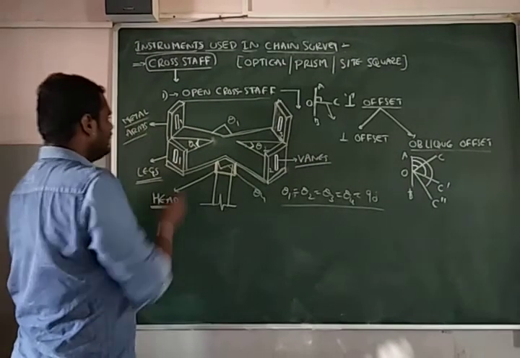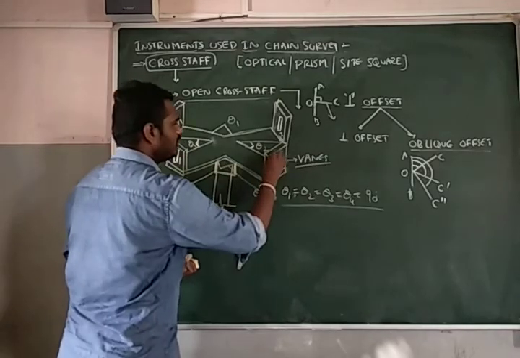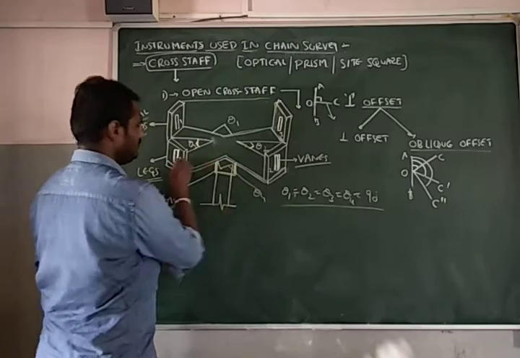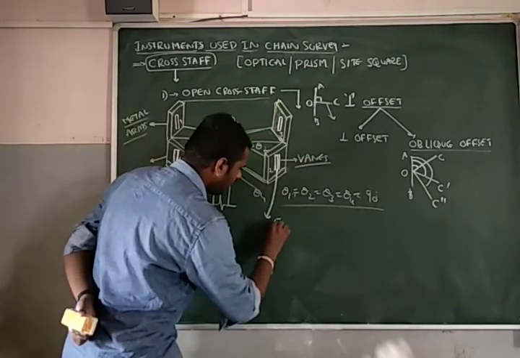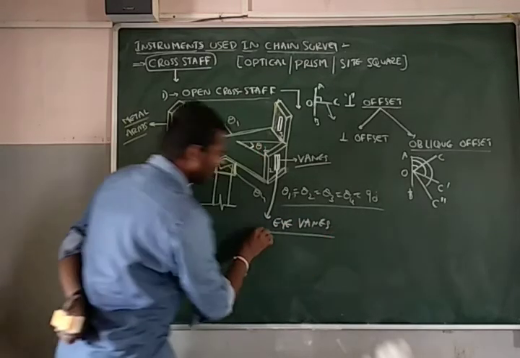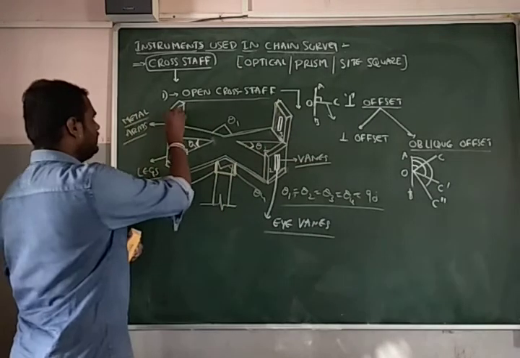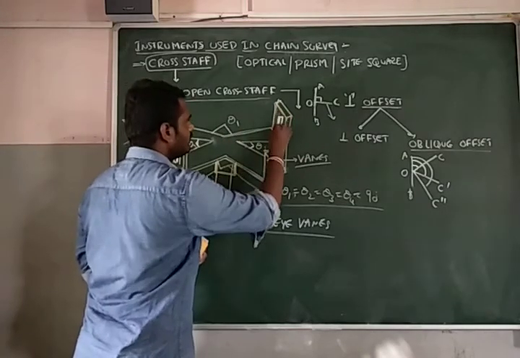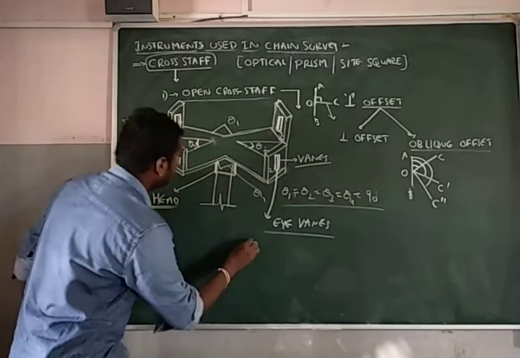So in this, for an observer, these two are known as eye vanes, through which the observer looks at or sights the point, and the remaining two vanes are known as object vanes. These two are known as object vanes.